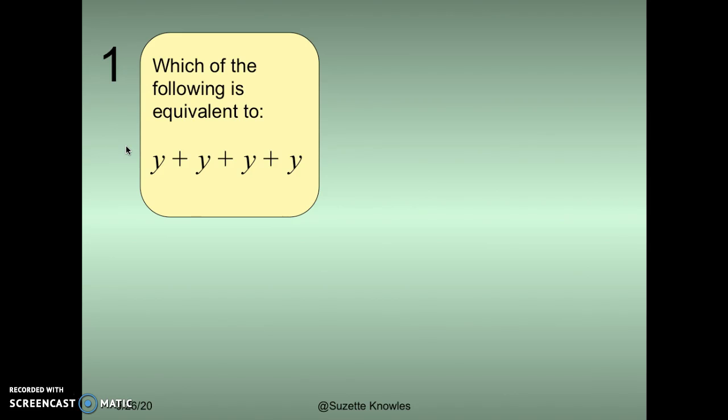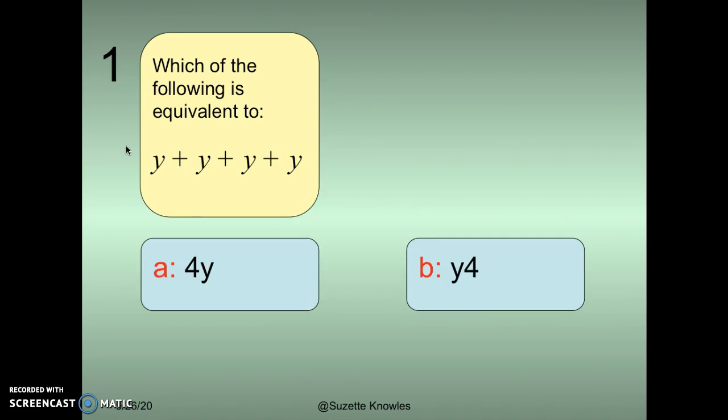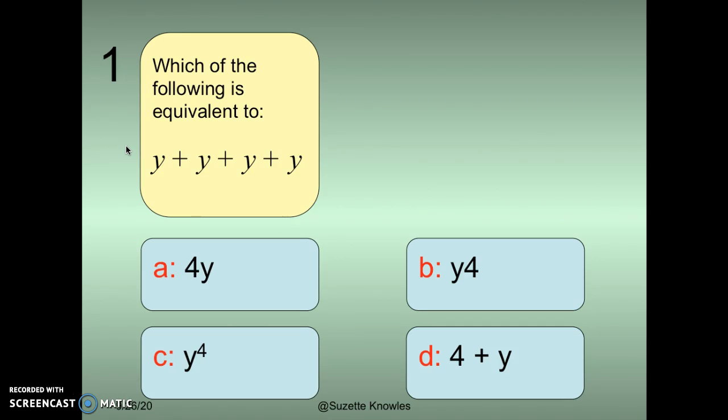Number 1. Which of the following is equivalent to y plus y plus y plus y? There will be 4 options for each of the questions.